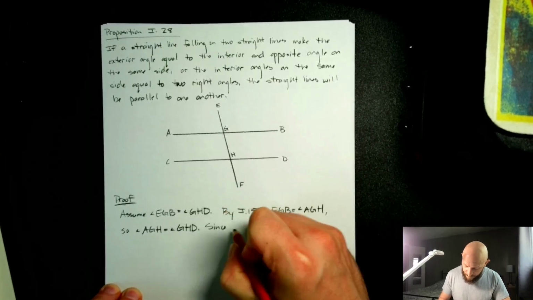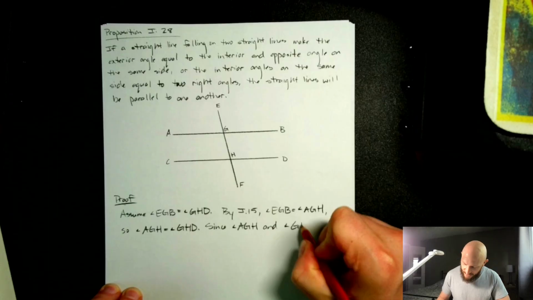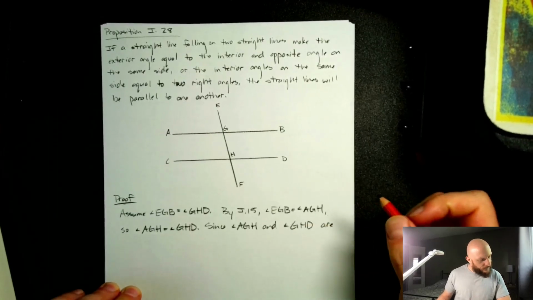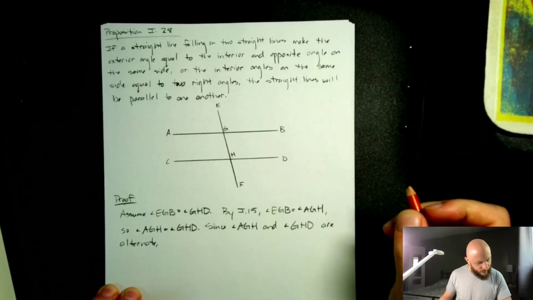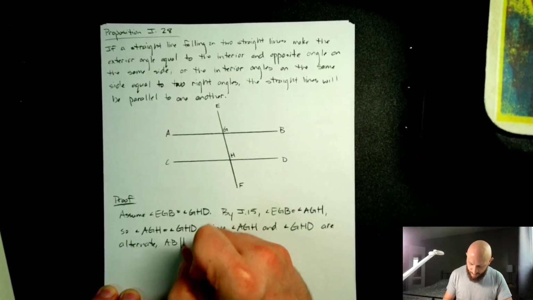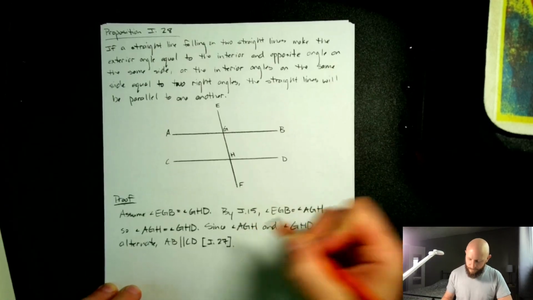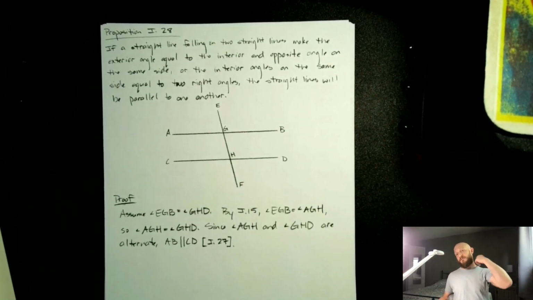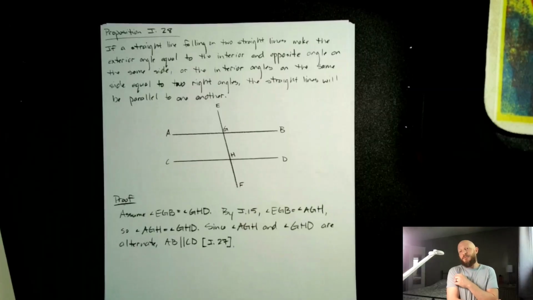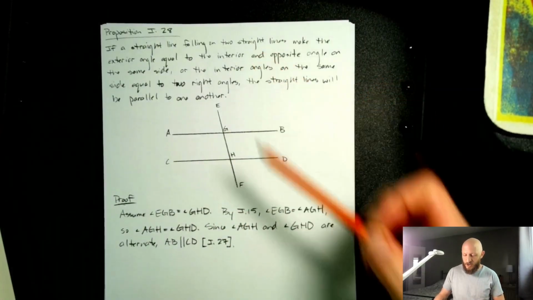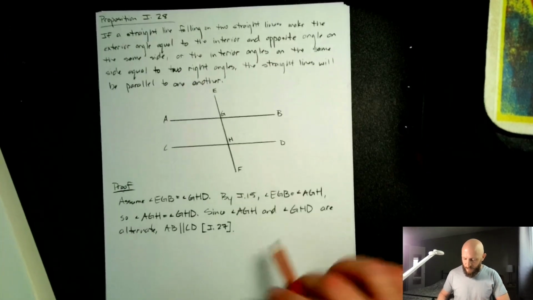So, since angle AGH and angle GHD are alternate, it follows that AB is parallel to CD, and that comes from Prop 27. So that's the first part that we wanted to prove. And again, because these are actually equivalent, we've just proved the whole thing, but we didn't prove that these two conditions are actually equivalent, so we have to prove it for the second scenario as well.